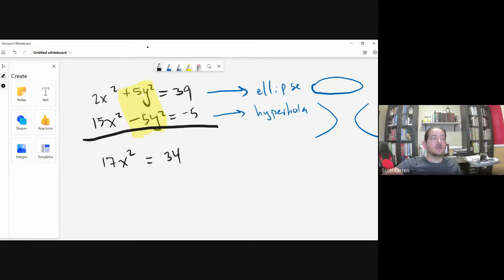Well, how convenient, because 34 is divisible by 17. Leaving me with x squared equals, well, 2. That's a little less convenient, because if I take the square root, then I get x is the positive or the negative of the square root of 2, right? So it looks like I'm going to have two answers here, right?